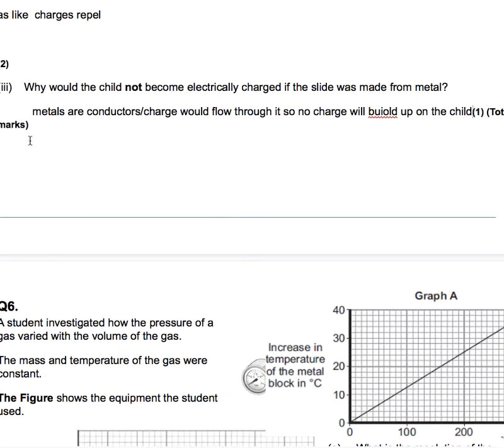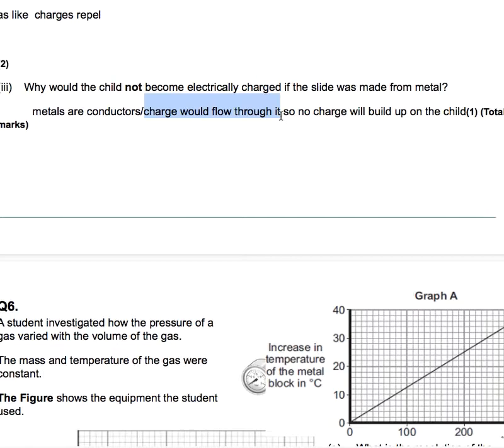So no charge would build up on the child. So this is the key point. You might neglect to mention that metals conduct, but say that as a consequence of that conduction you haven't mentioned. So charge would flow through it.